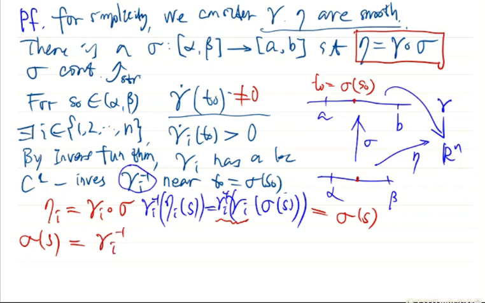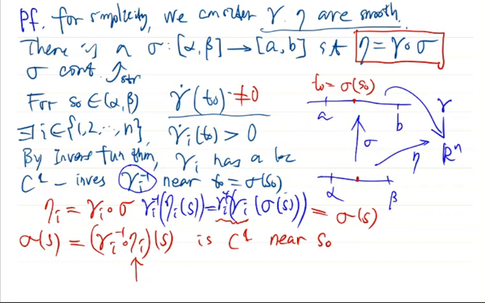is gamma_i inverse of eta_i of s. So this is smooth, or C1, near the point s0, because eta_i is smooth. Eta_i, as the ith component of the smooth map eta, is smooth.